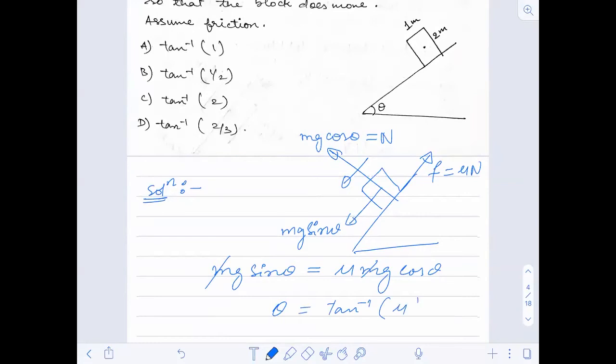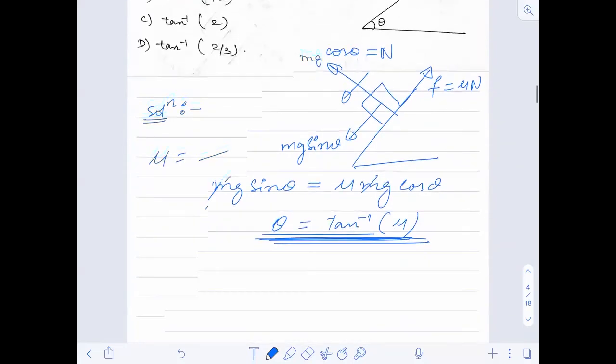Now I cannot assume a value of 1 or 2 for a rough surface. I have to assume a value which is a fraction, like 2 by 3, so it will be given like that. If I give you the mu value, you'll get that, not a problem.